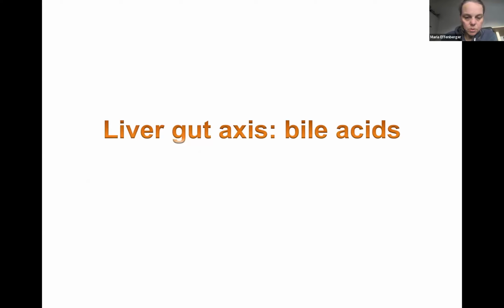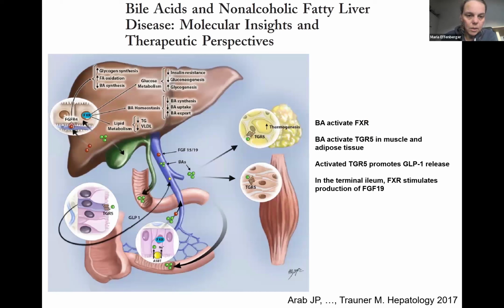And last but not least, I want to talk really shortly about the bile acids, because they are produced by the liver and interact with the microbiome as well, the other way around. So not only is the microbiome influencing the liver, the liver is influencing the microbiome. And you see that depending on glucose metabolism and changes in your microbiota, you have changes in the bile acids. And bile acids activate FXR. And FXR is really important for inflammation signaling, especially in the liver.